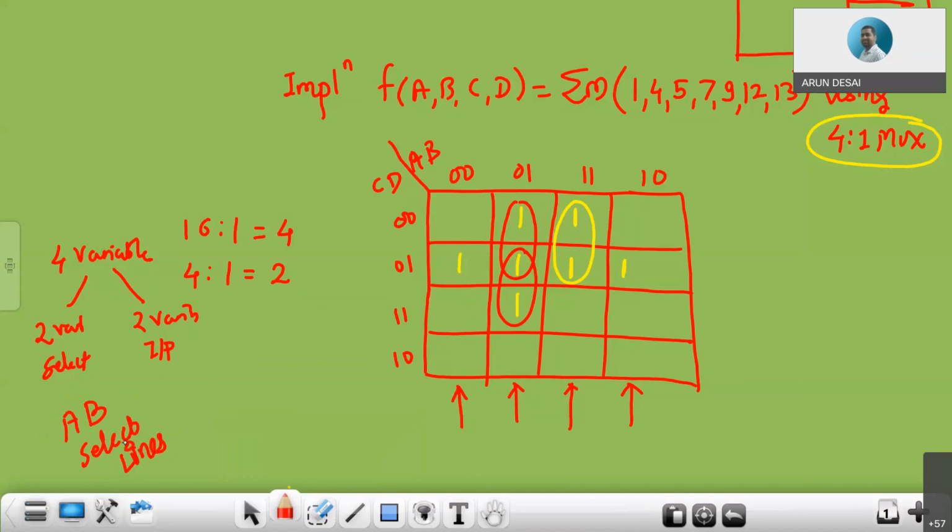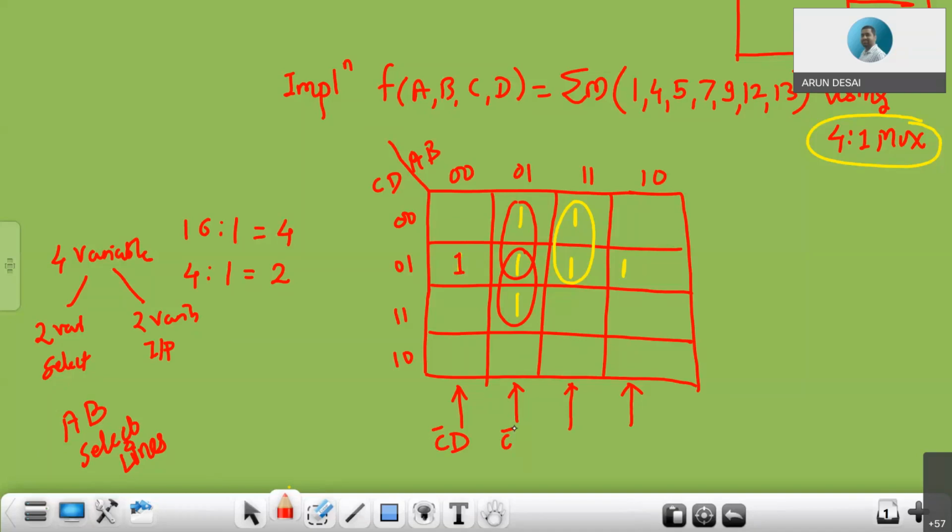If I consider AB as select line, then the expression is, don't use AB. Now, C complement D. In this case, what is common? C is common. C complement, right? D is changing. So skip D. Don't use AB.